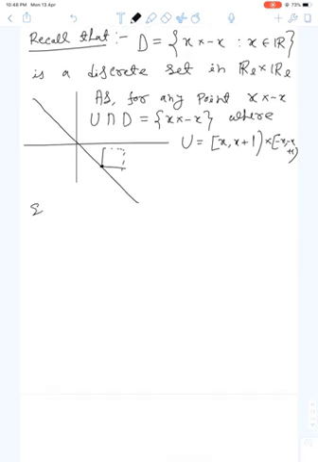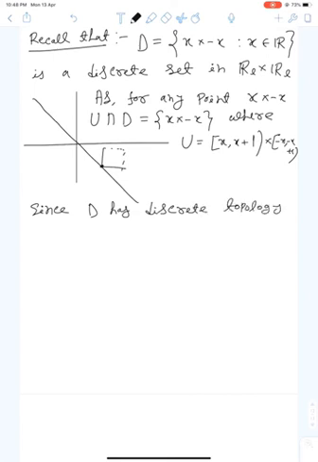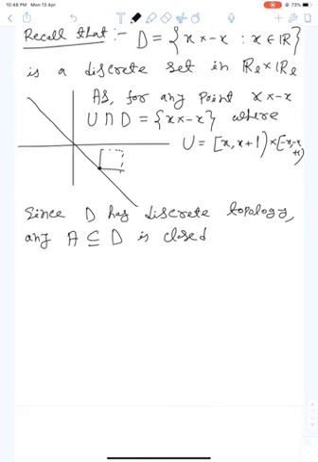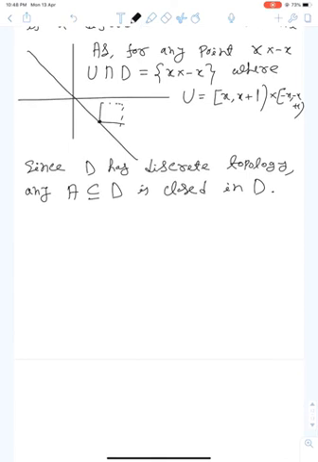Now since D has discrete topology, that means any subset A in D is closed in D. Further, we have seen that D is closed, because D complement is open.